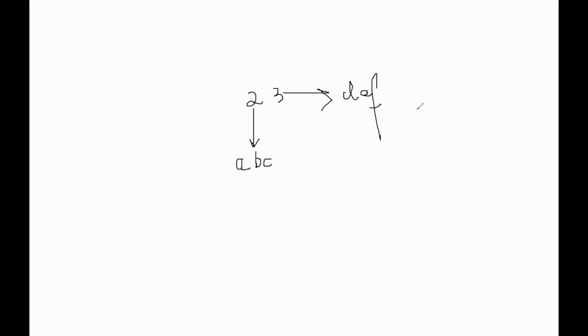Now first we have the letter 2. For 2, we can have options such as A, B, and C. Then comes our 3, right? So for 3, A will have how many options? It will have 3 options, that is D, E, and F.